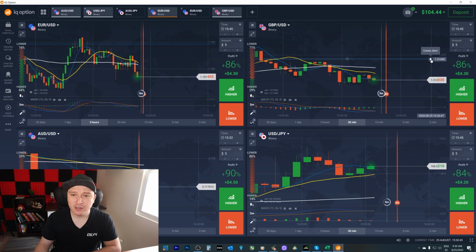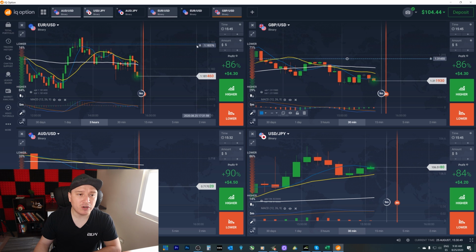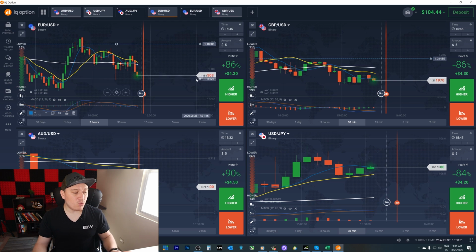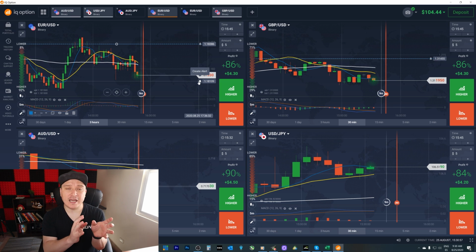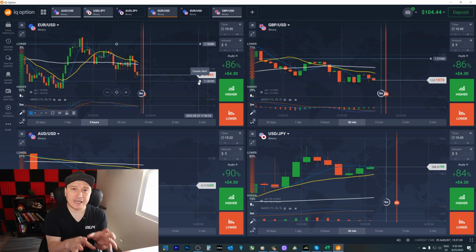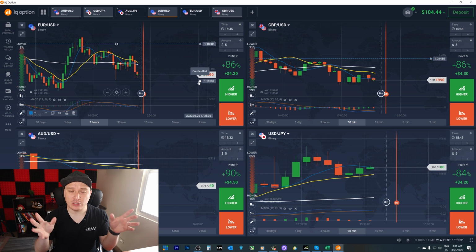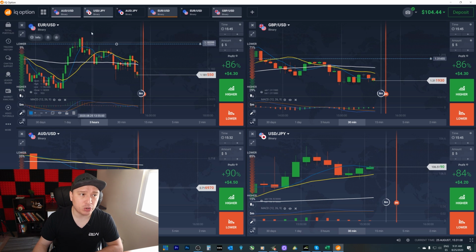So you can create an alert, just click in there and boom, now you have an alert created. I have my speakers off, but once you have the sound on and that specific level is touched, you're going to get a sound alert on IQ Option. That can remind you about the trade, and then you can enter the trade. That's basically when it triggers the trade.